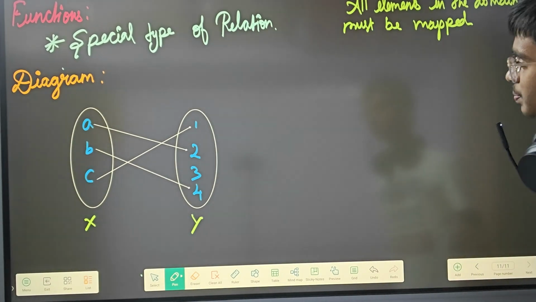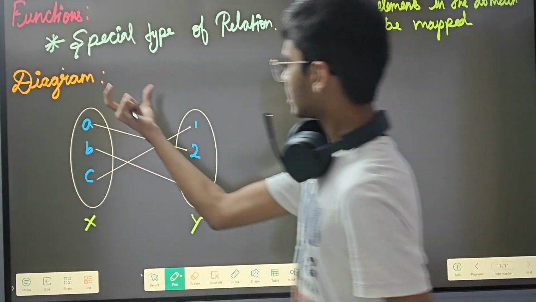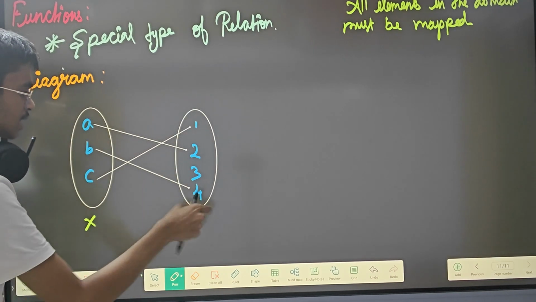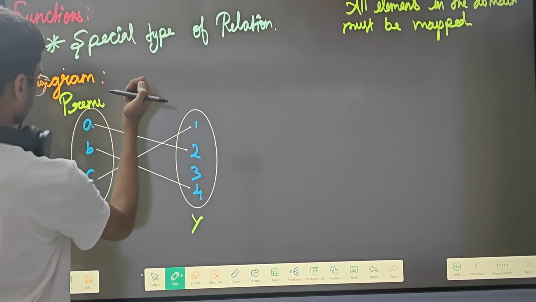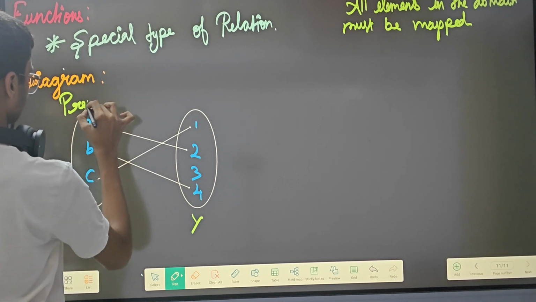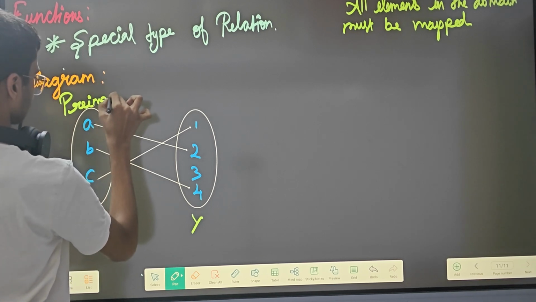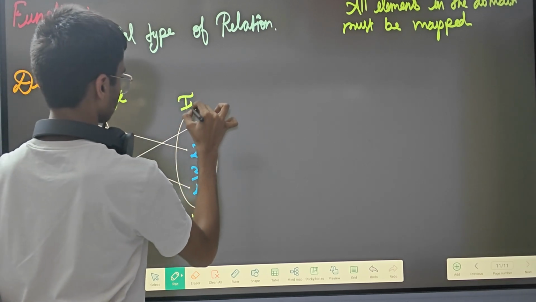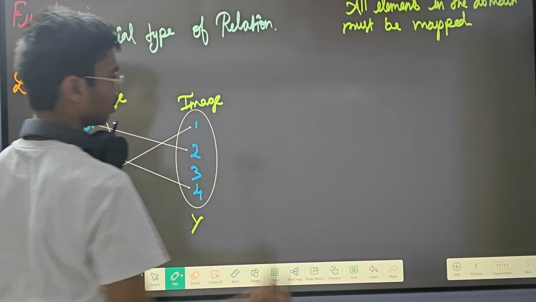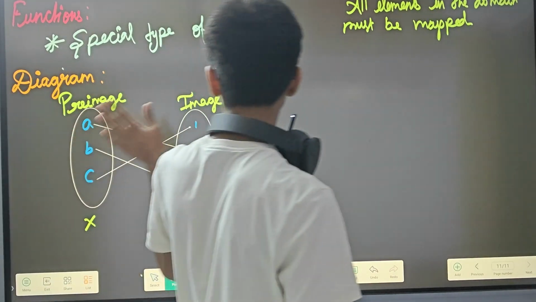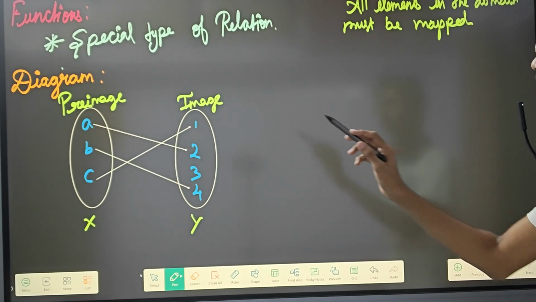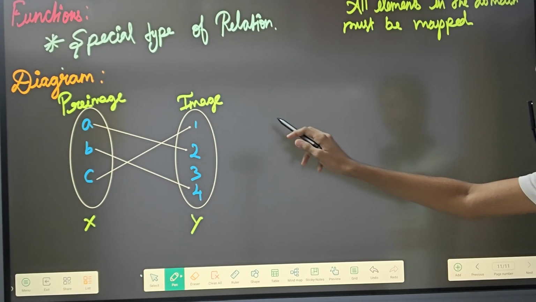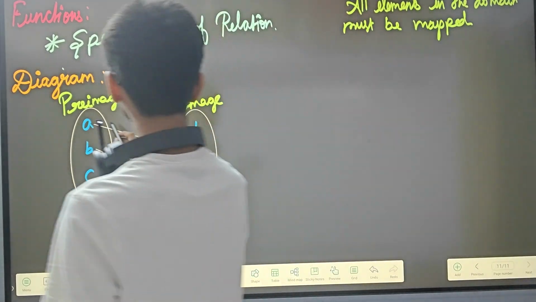Okay, then all these are called pre-images and all these are called images. So this is pre-image and this is image.